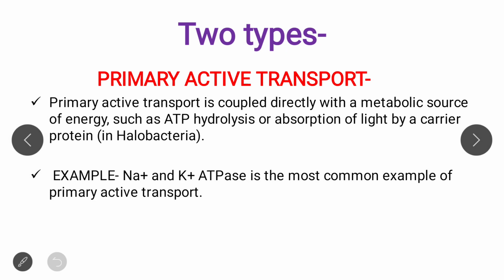In primary active transport, the transport is coupled directly with the metabolic source of energy, that is ATP hydrolysis.